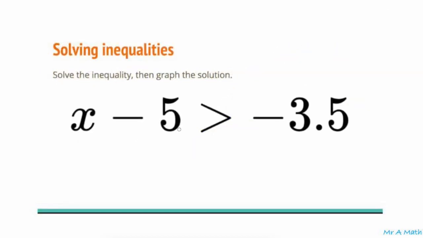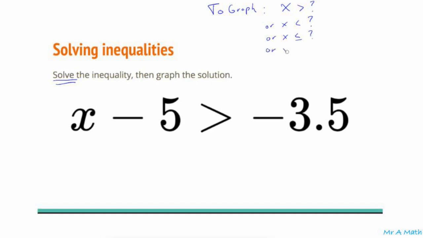Now I don't have just an equation that I need to graph. I need to first and foremost solve this equation. So in order to graph an equation, I need some expression that looks something like this. X is greater than something, or x is less than something, or x is greater than or equal to something, less than or equal to something.